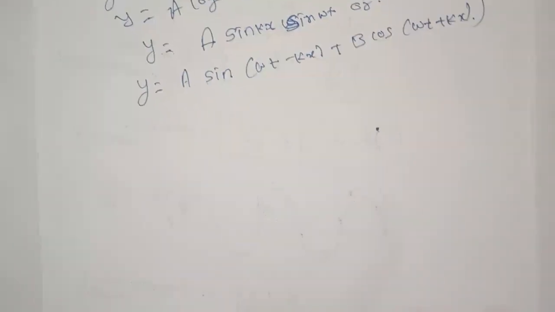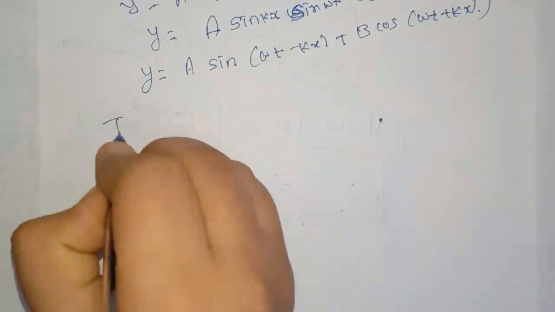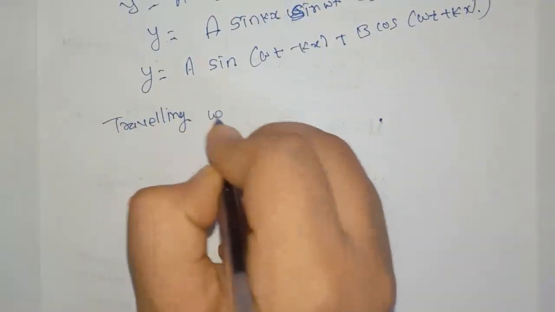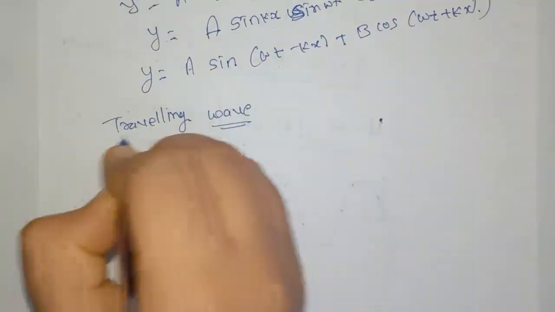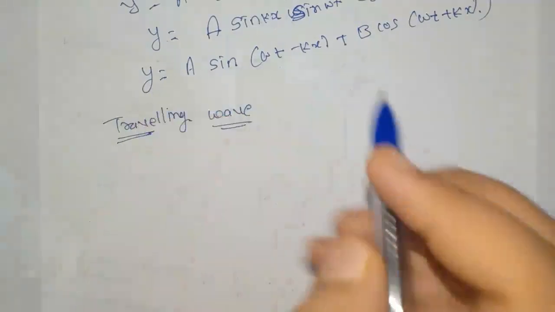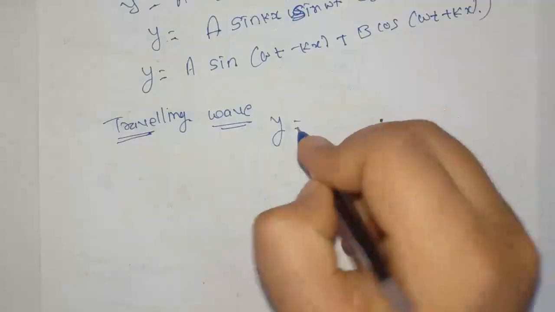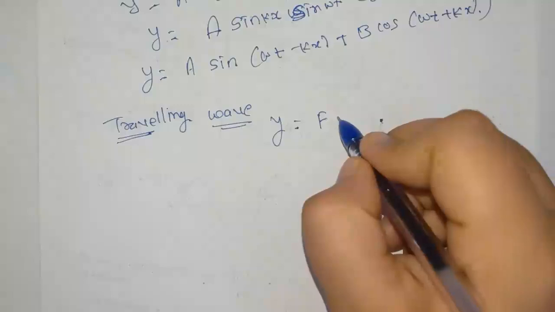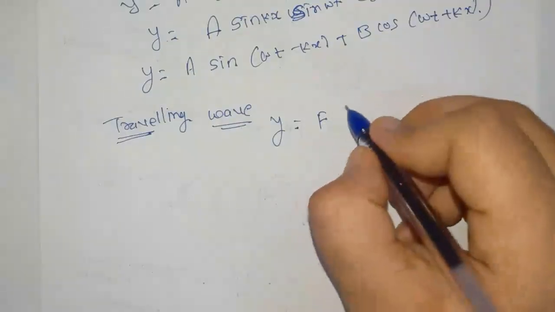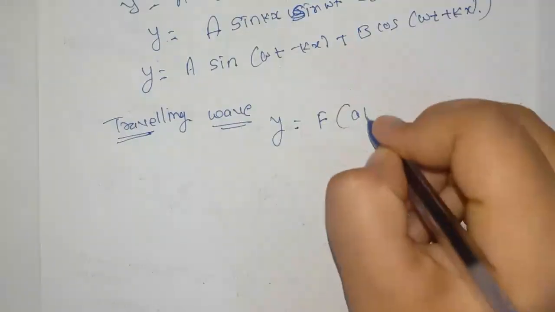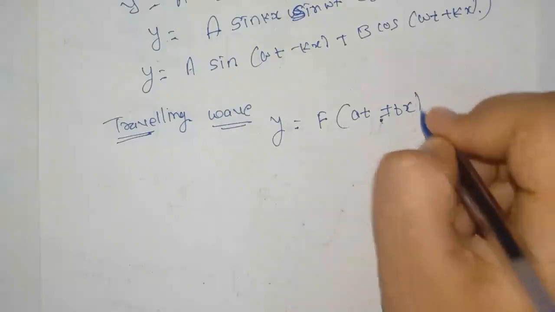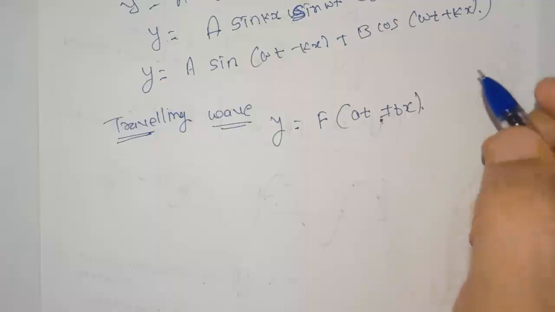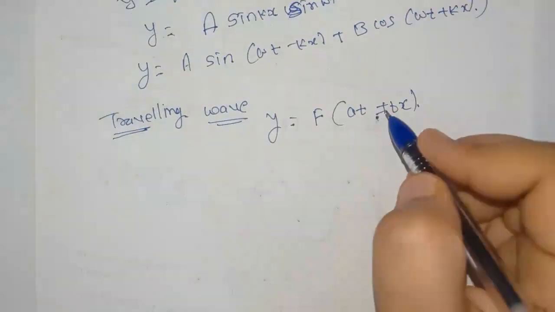Now let us see the equations that represent a traveling wave. An equation in the form y equals f of at plus or minus bx represents a traveling wave or progressive wave.